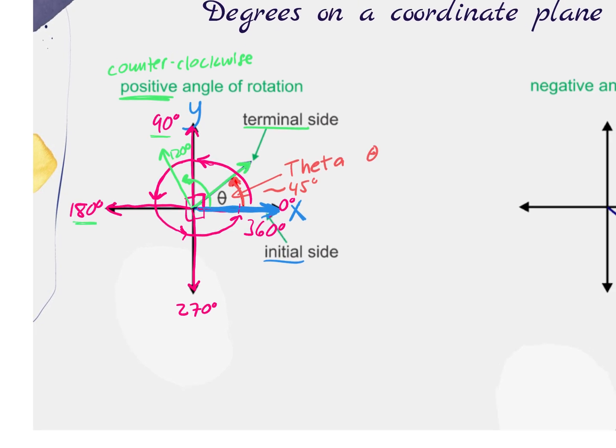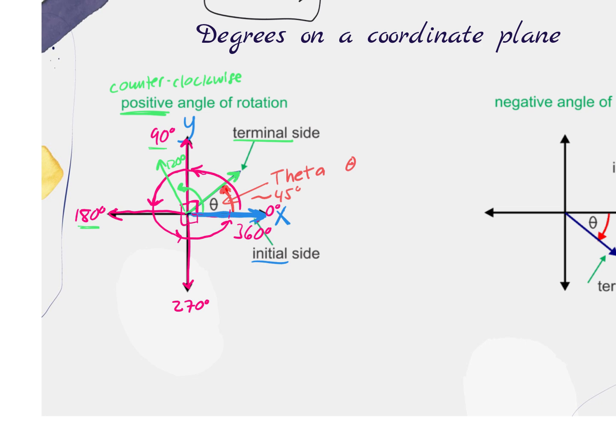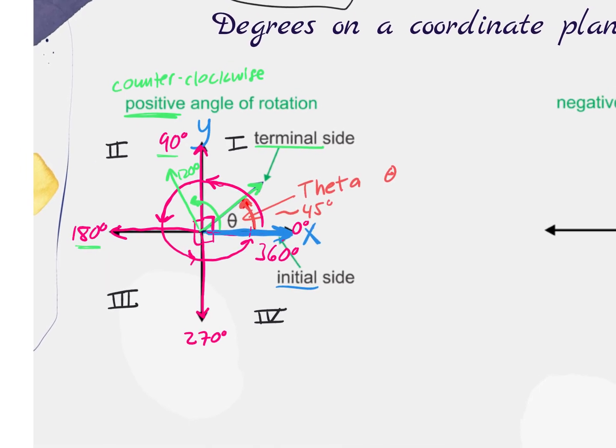So if we remember, the coordinate plane can be divided into quadrants. I have my first quadrant here, my second quadrant here, my third quadrant here, and my fourth quadrant right here. This should be very familiar. Notice that each quadrant has a designated angle interval.